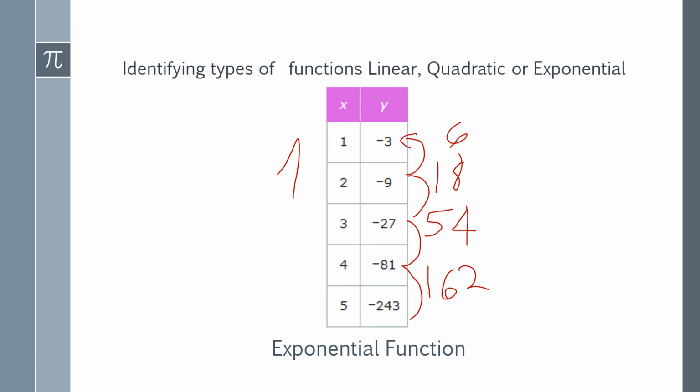So 162 minus 54. The difference between those two is 108. So I go 54 and 18.